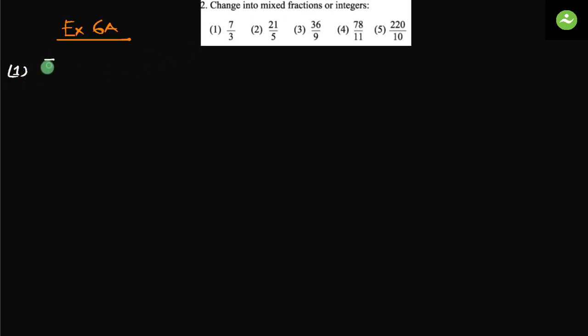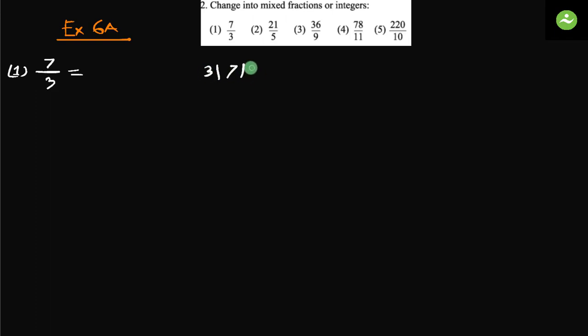7 by 3. This is an improper fraction. Why? Because 7 is larger than 3. Okay, now how do we solve it? This means 7 divided by 3.